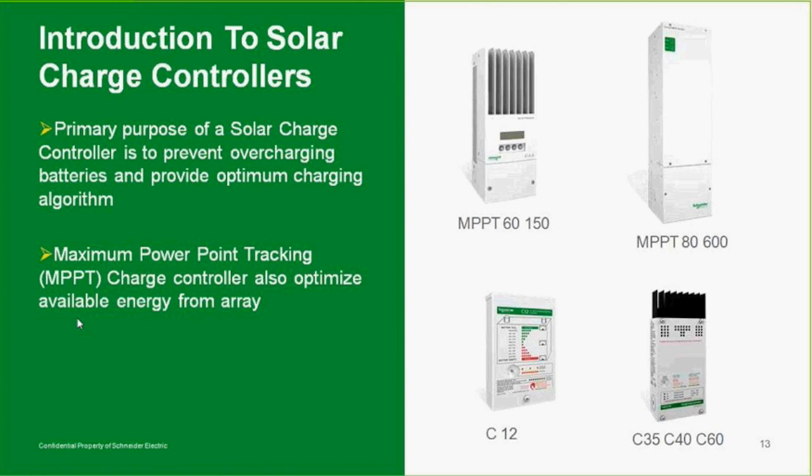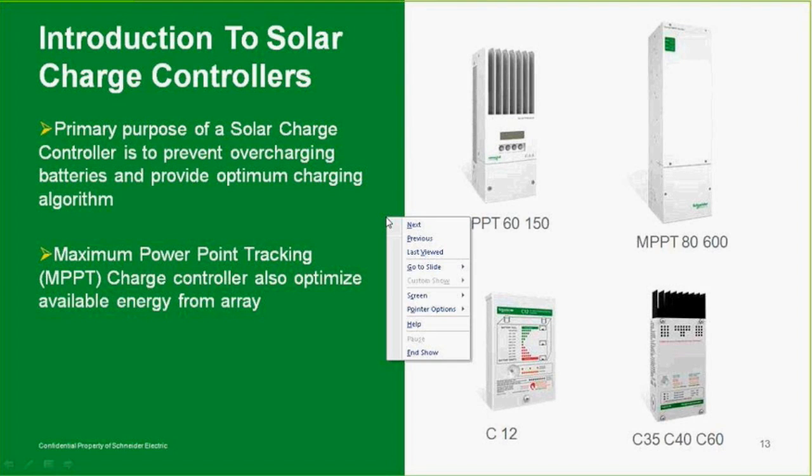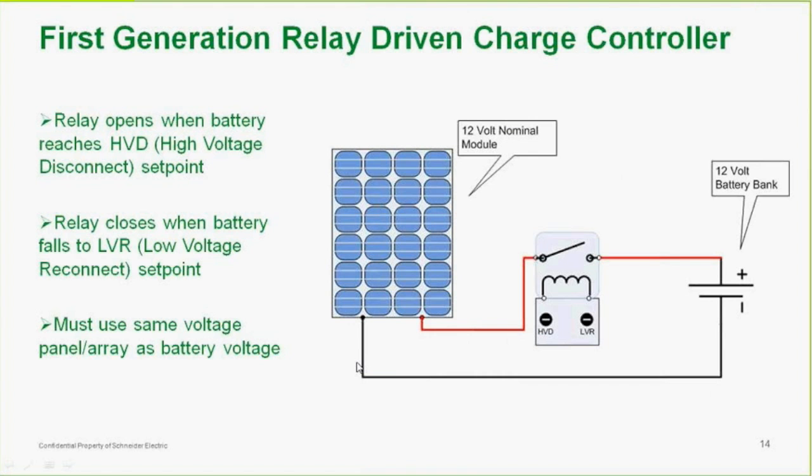The two bottom units are what we call PWM charge controllers. The two top units are what we call MPPT charge controllers. I'm going to talk next about what the differences are between the two, so when you get to choosing a charge controller, you'll hopefully know more about what charge controllers are.